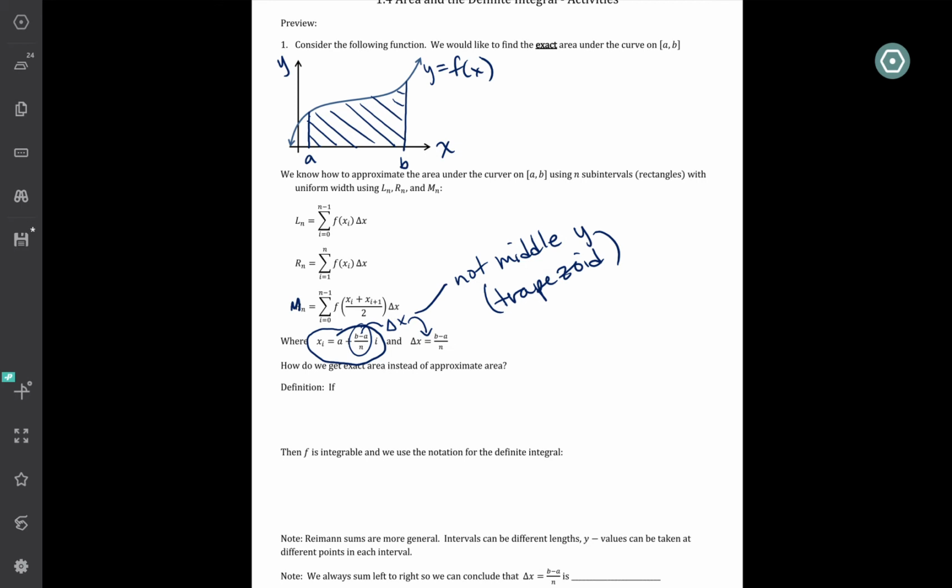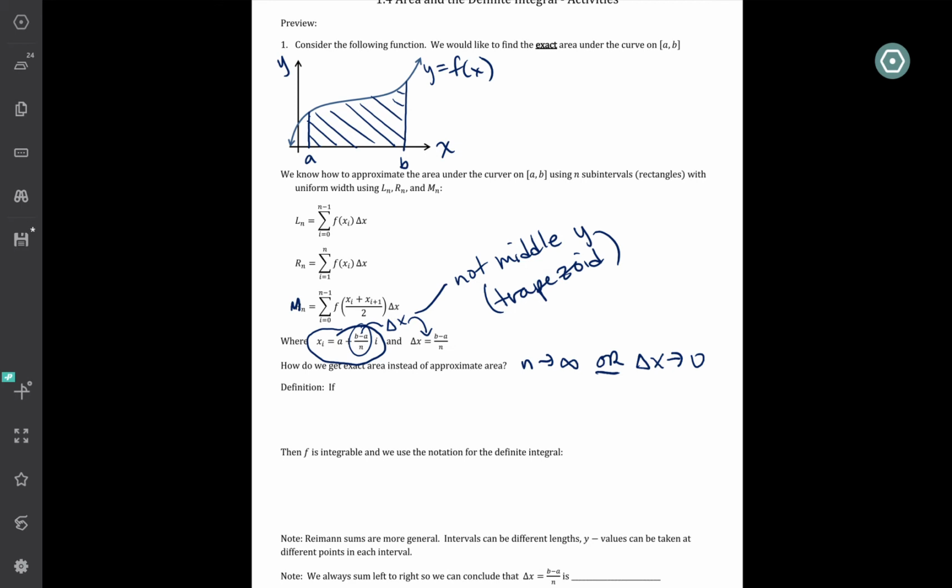So the idea would be that if we want exact area instead of approximate area, we would let the number of rectangles go to infinity, or equivalently, we could say that we want delta x to go to 0. So we want infinitely many, infinitely skinny rectangles. I'm kind of delighted right now that that rhymed.